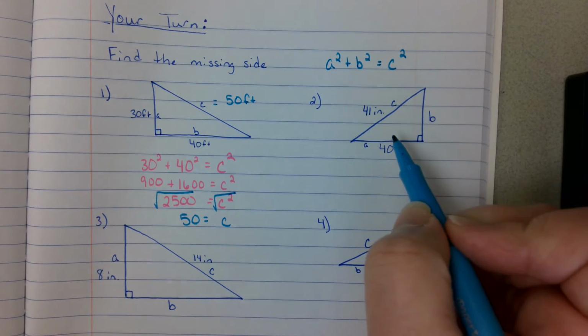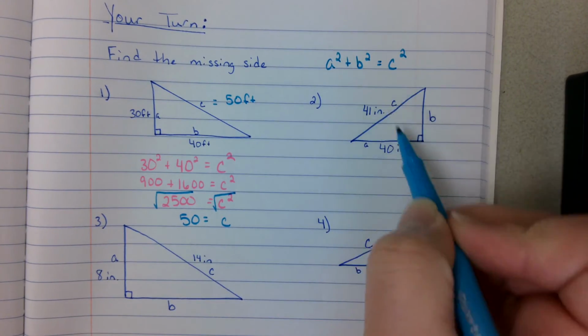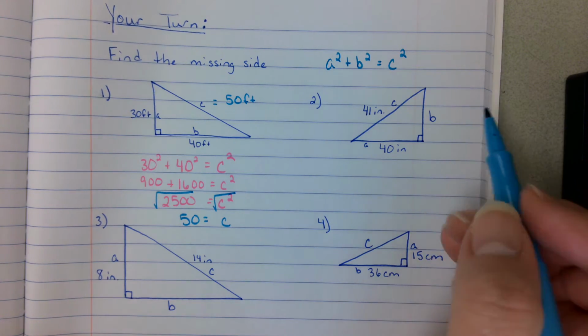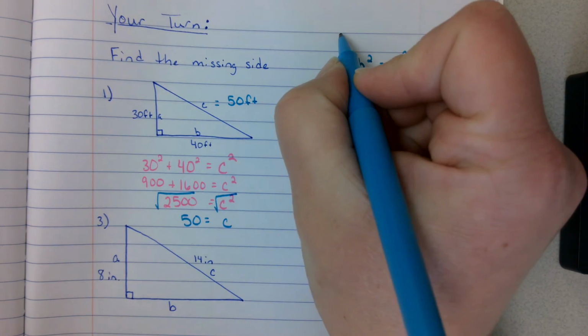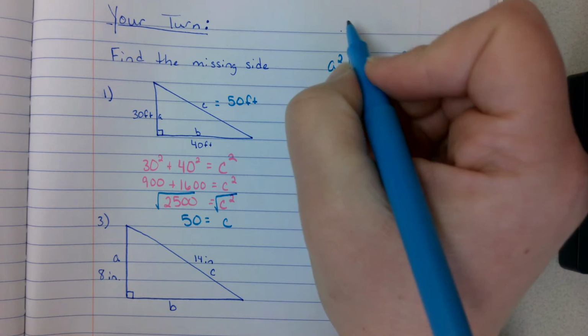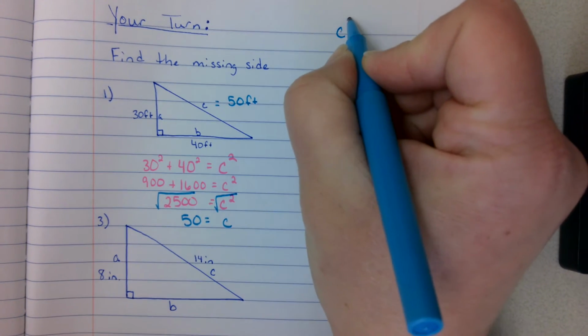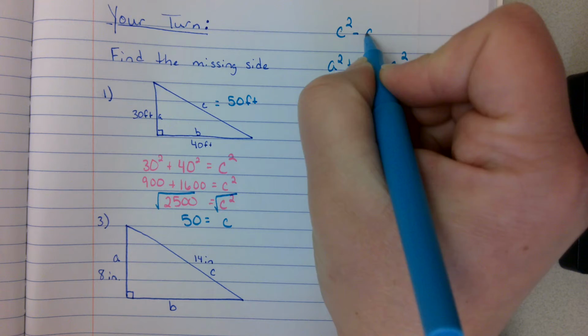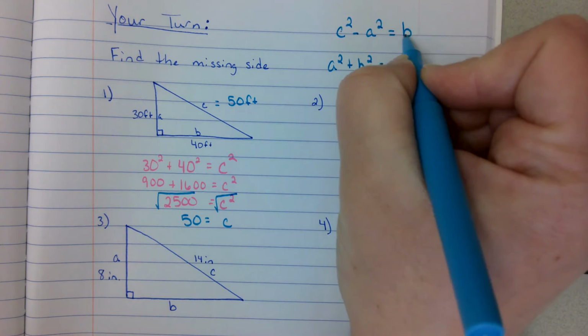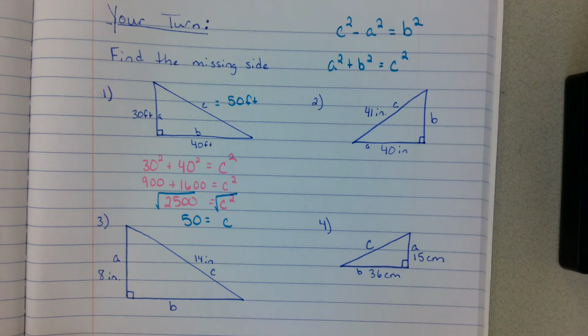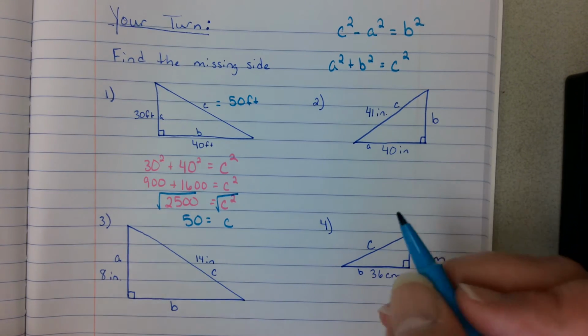All right, in number 2, we're given the hypotenuse and a leg, and we need to find another leg. So for that one, you could plug it in the first formula and it'll still work, but we were given c squared minus a squared equals b squared, if you remember that from the first page.